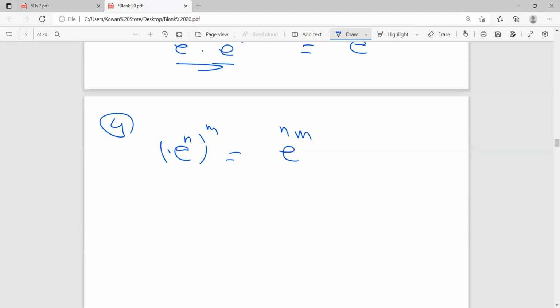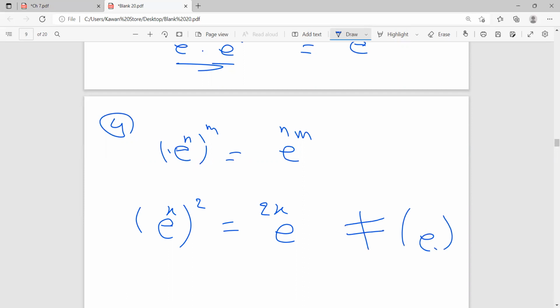A common mistake that students in Cal2 make: e to power x times 2 is equal to e to power 2x. Careful, it is not equal to e to power x squared. That's a big mistake, that's all I need you to focus on.